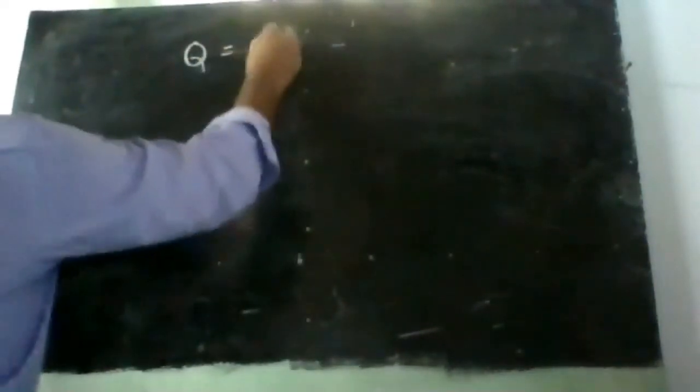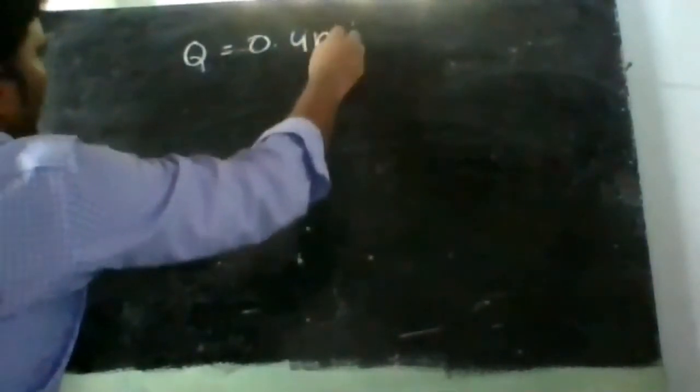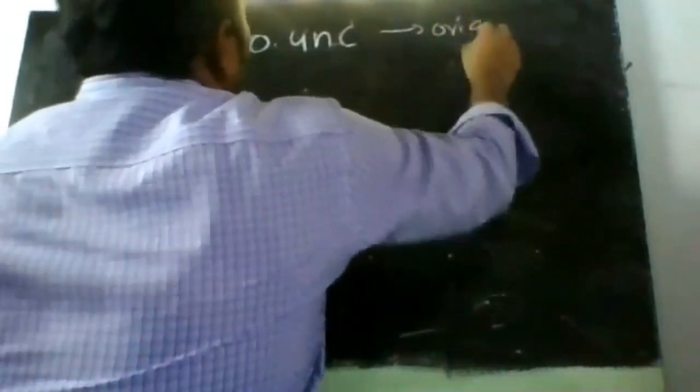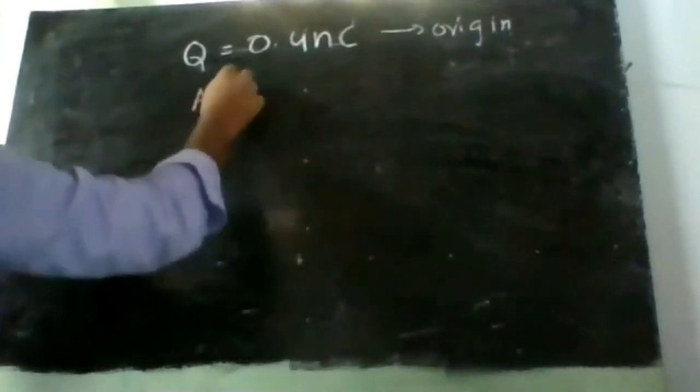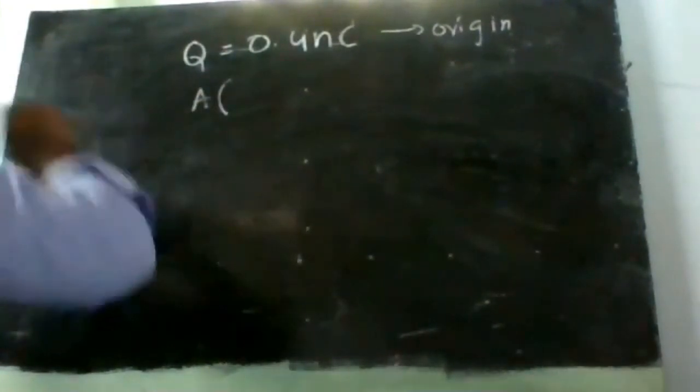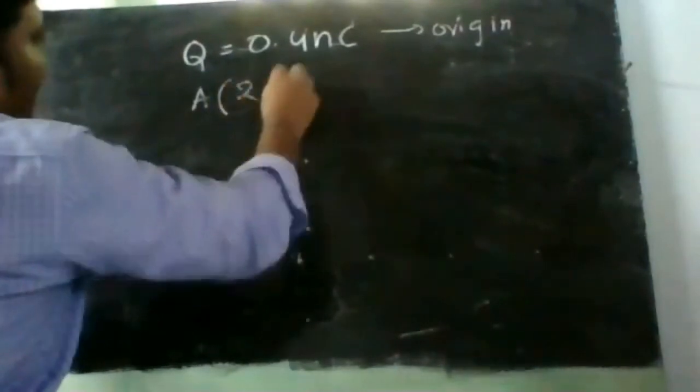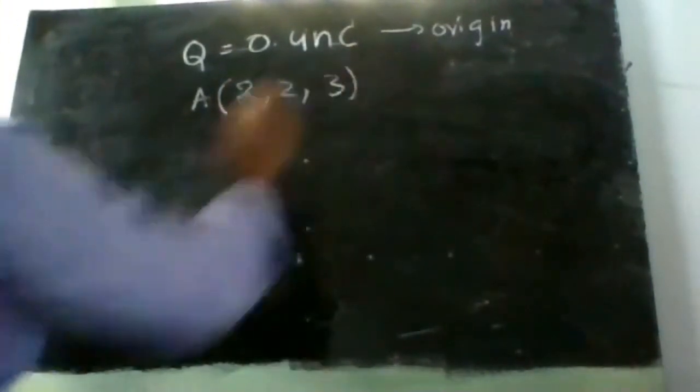So a point charge q having a value of q equal to 0.4 nanocoulombs is located at the origin. Then obtain the absolute potential at the point A given as (2, 2, 3).